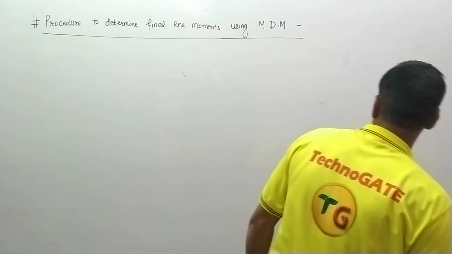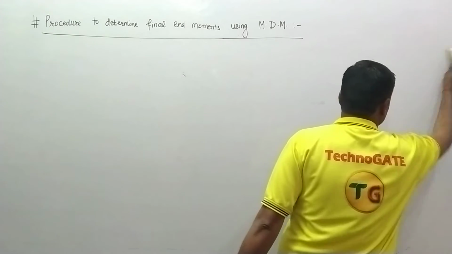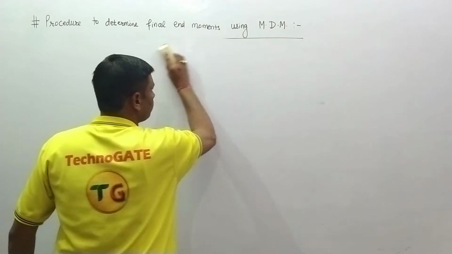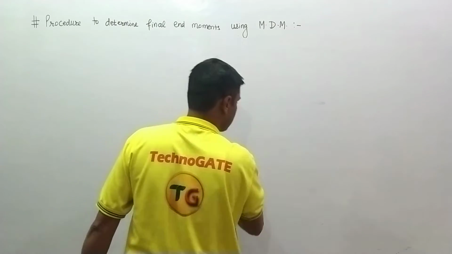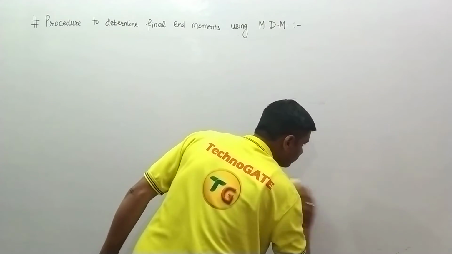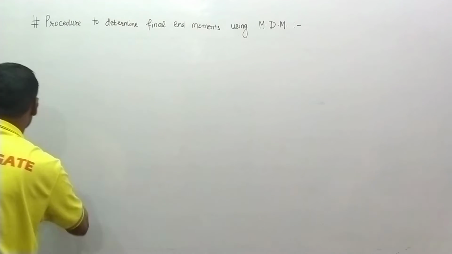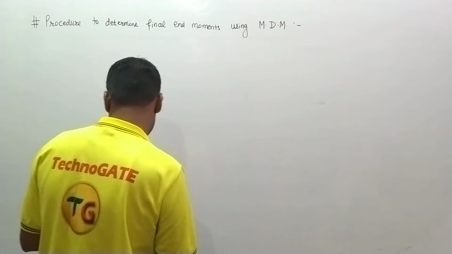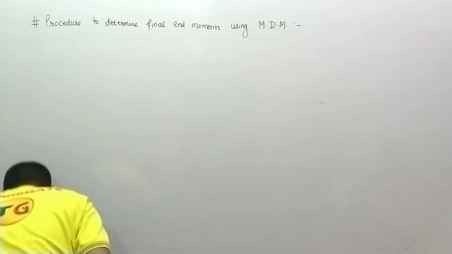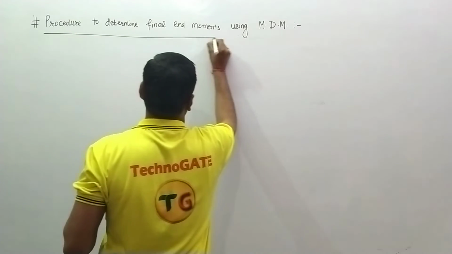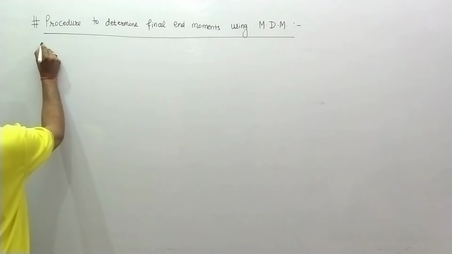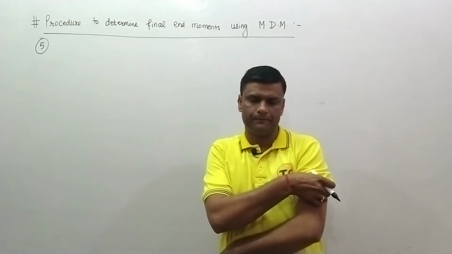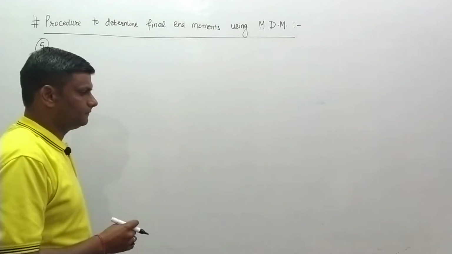Okay. So my dear students, our fifth step is: for multi-span cases, 3 to 5 steps of distribution are done or repetitions are done.